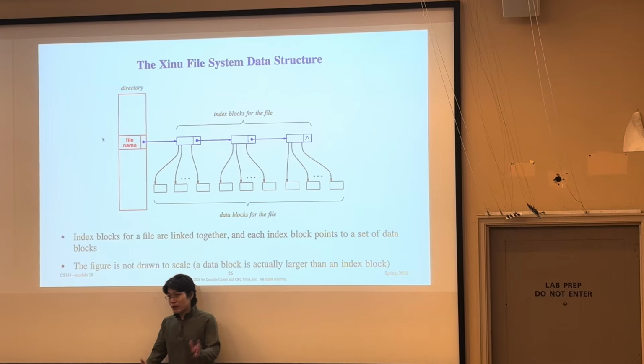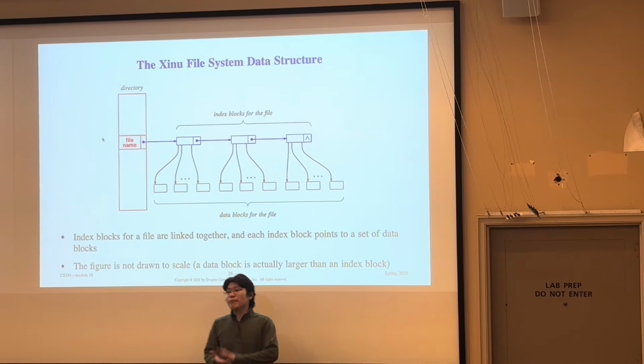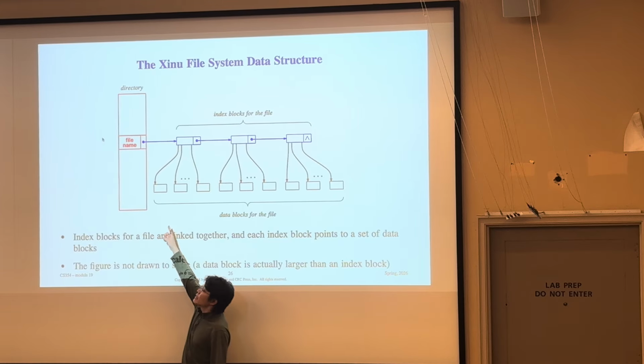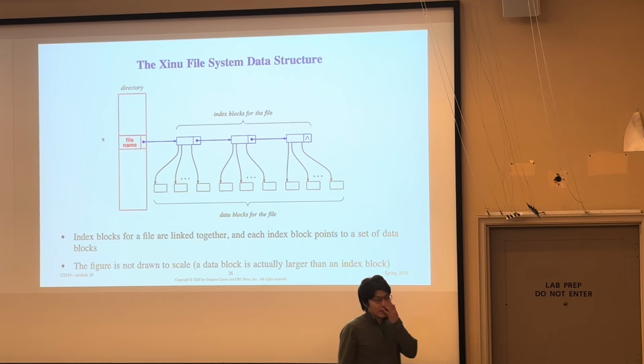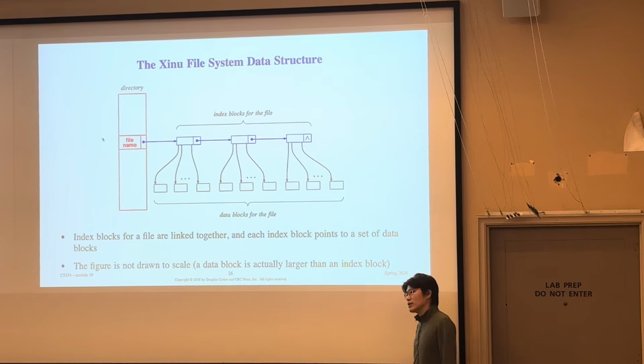Okay, that's one question. Now imagine we read this data block, and we read past the offset or the boundary of the first data block. What happens? We went through this process in detail, right?